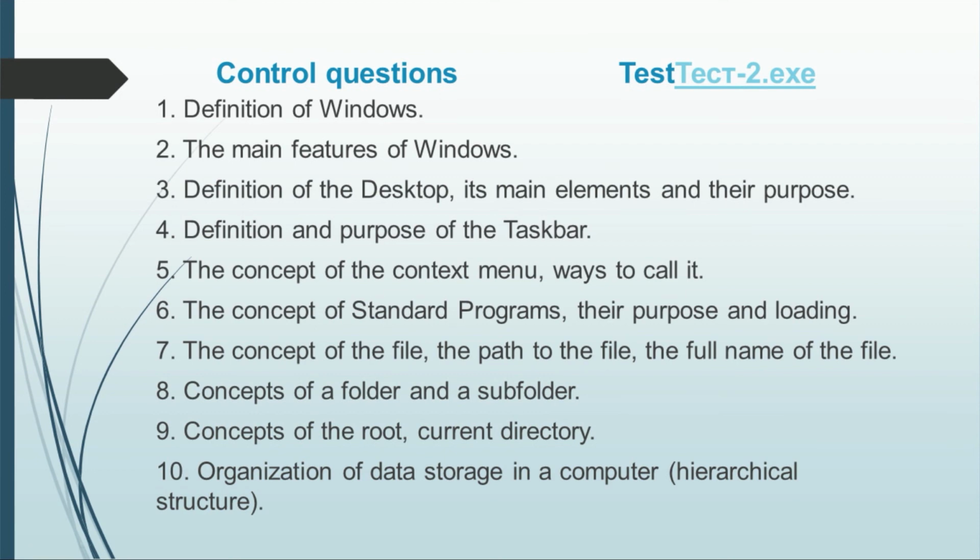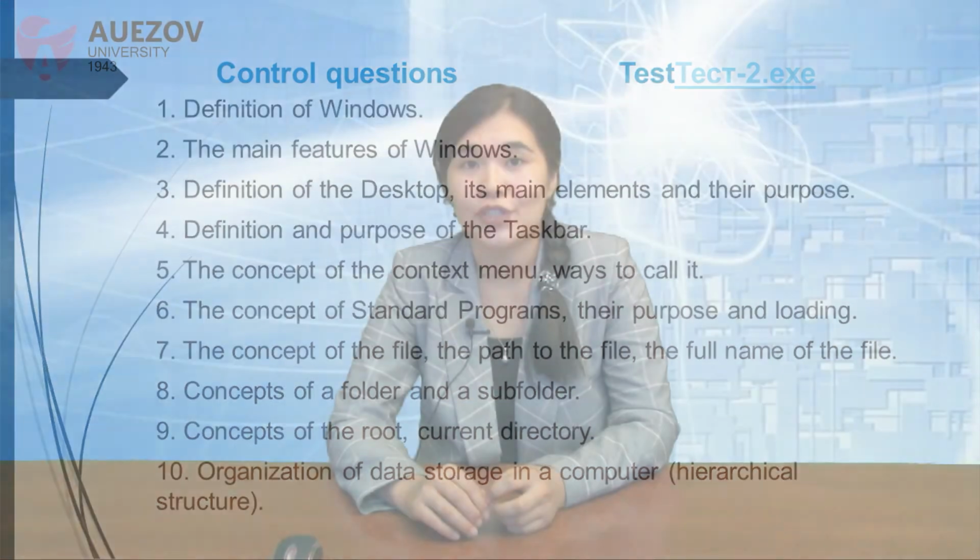Okay. Definition of desktop, main elements and their purpose, and concepts of folders, subfolders, and root, current security. Definition of Windows. You have to answer these questions and give your answers to your teacher for checking.